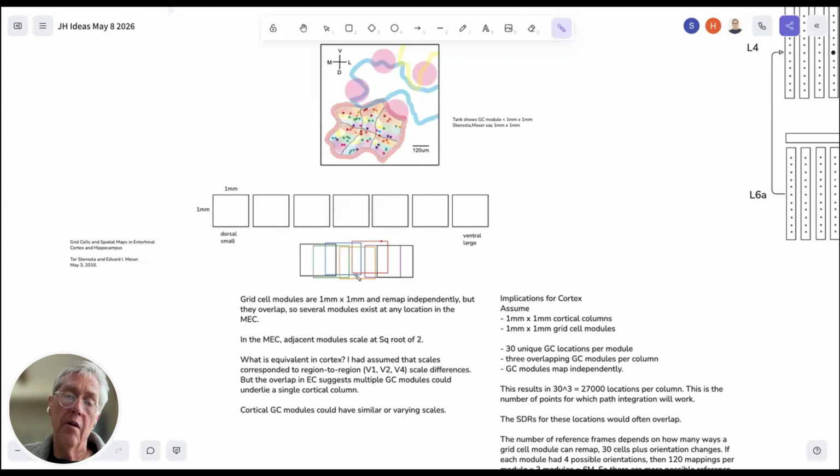If two columns are separated by some distance and are not observing different parts of the object, then maybe there could be some sort of coalescing in the grid cell module layers. They all sort of come to some consensus. I don't know, but it opens up a whole different way to think about things.